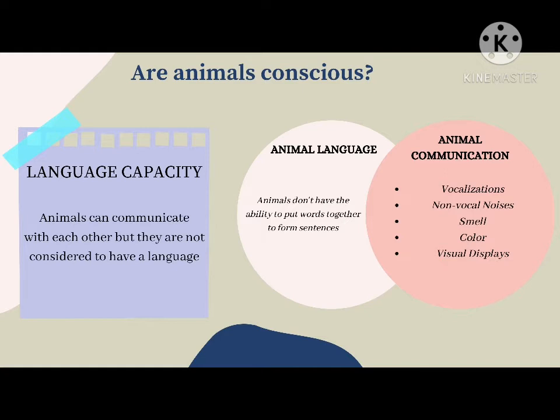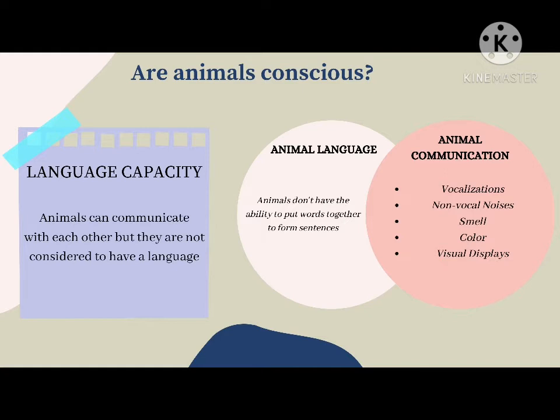And color, such as a Humboldt squid flashing bioluminescent colors to send signals to other squid. Or visual displays such as a peacock displaying its tail feathers and dancing to attract a mate, or the appropriately named peacock spider who has an elaborate dance and colorful display to impress females.